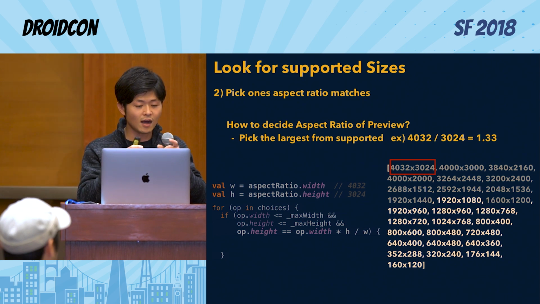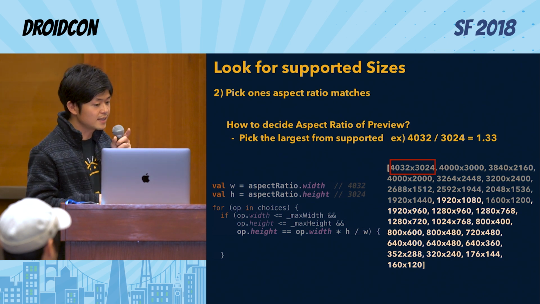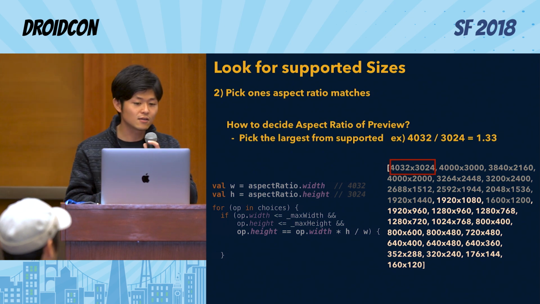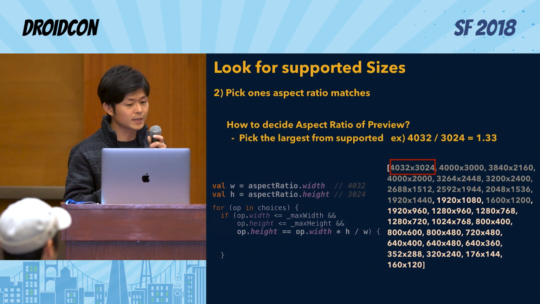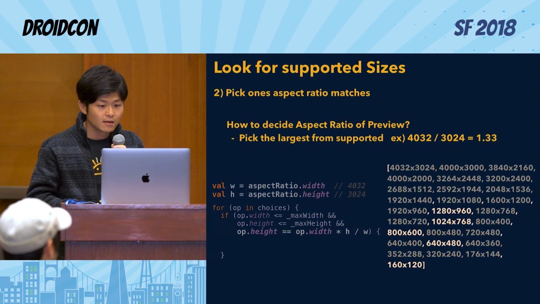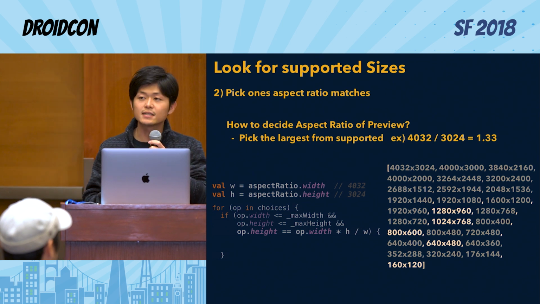So we want to have the ratio of the image sensor. In this case, 4032 by 3024 is the largest one, and we choose that aspect ratio, and it's 1.33. Now, with this condition, we can reduce the supported preview sizes down to 5.